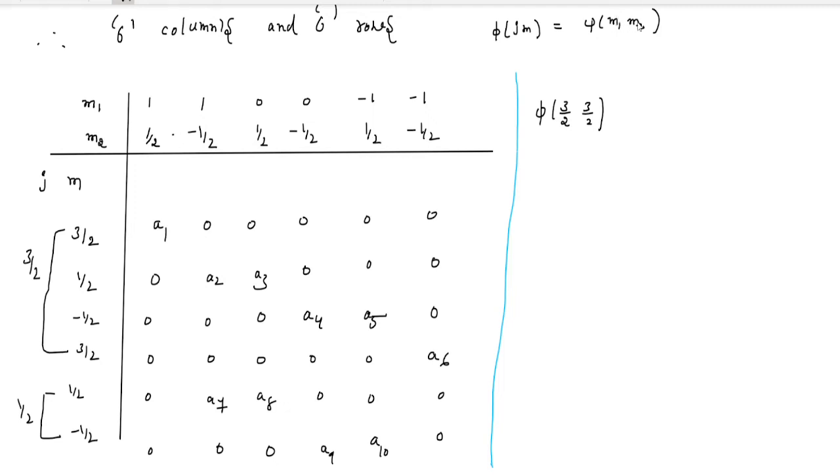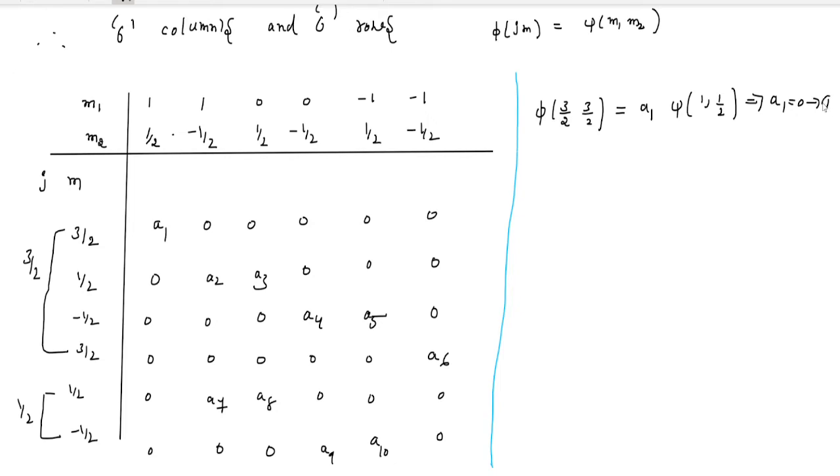If we add these things, then we can get the m1 and m2 value. Only one possible thing is there, that is a1 wave function psi 1 comma 1 divided by 2. So in this case, a1 is equal to 0.